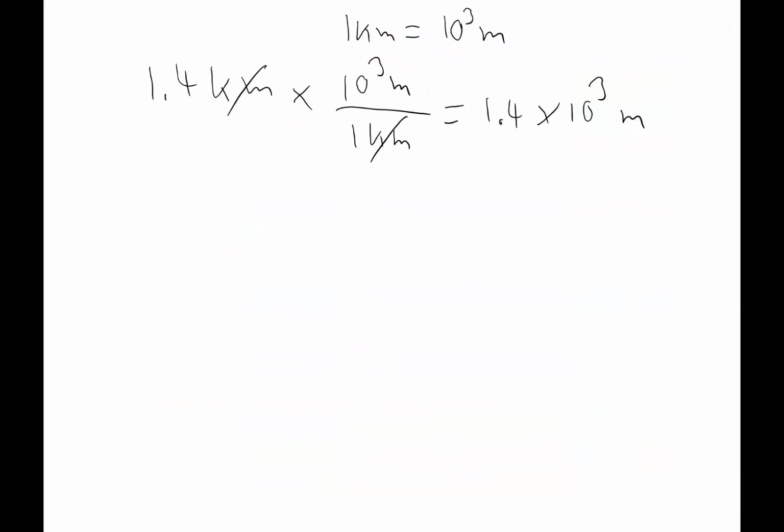What that means is that 10 to the 12 terameters divided by 10 to the 9 gigameters equals 10 to the 3.